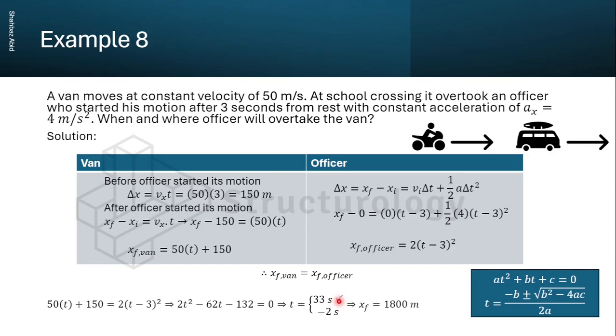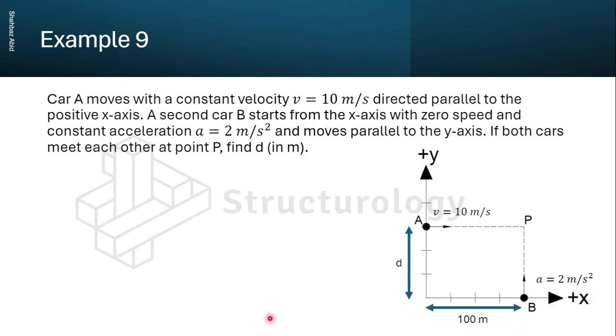Time is always positive, so the time is equal to 33 seconds. If I substitute time equals 33 seconds in either of the two position equations, I get the final position equal to 1800 meters.